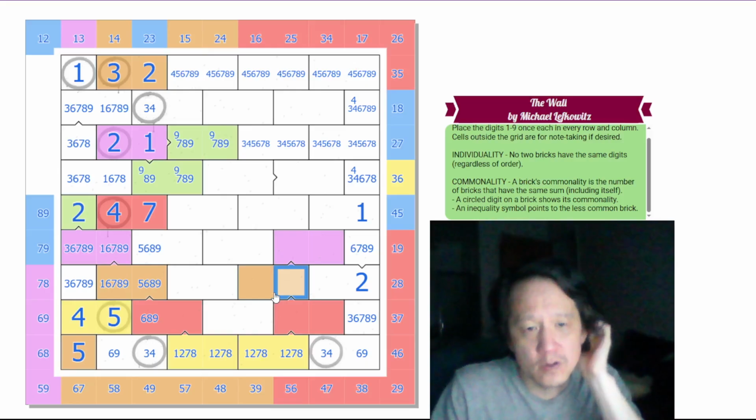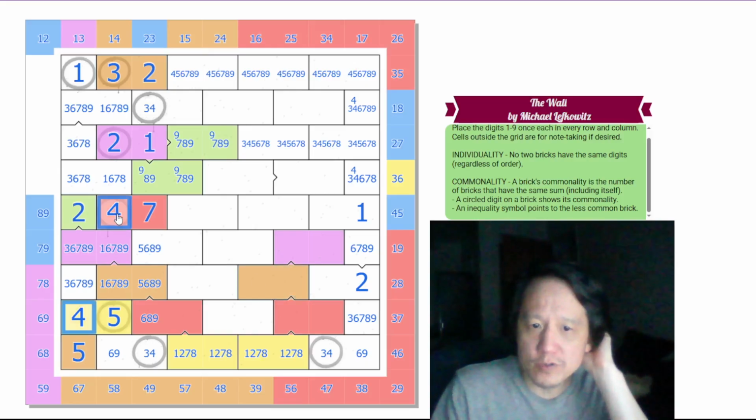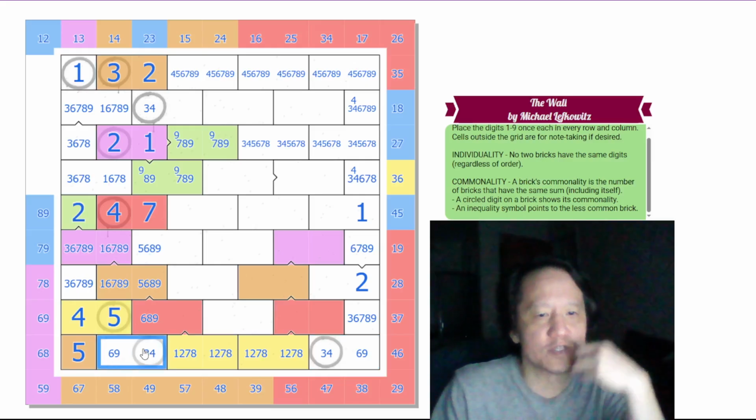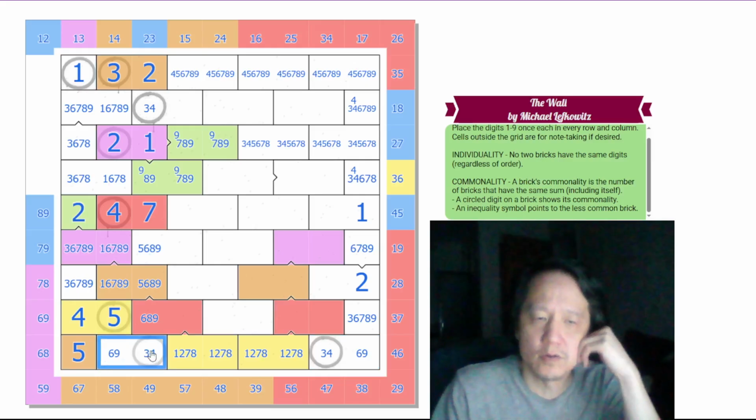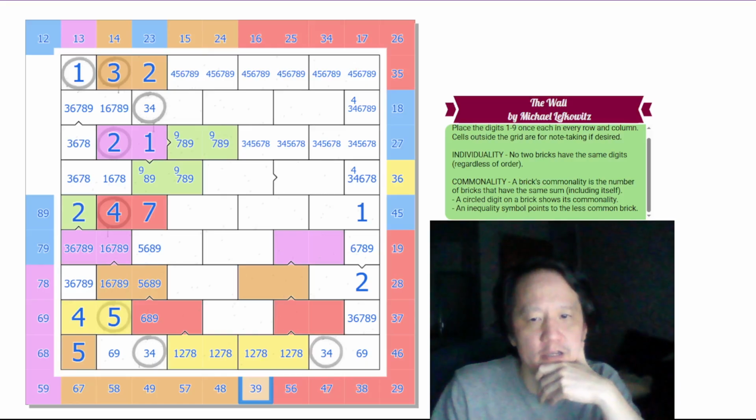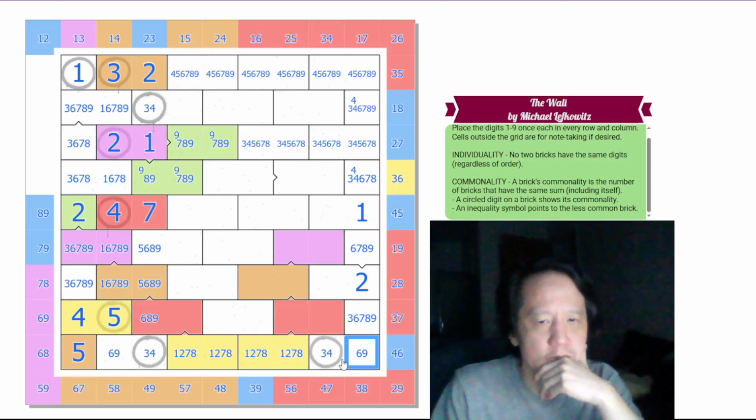Okay. So where are the 4s? This is 4 and 6, because the 3 and 9 have to be together here. So we have 3, 9 accounted for. That means 4, 6 is accounted for.